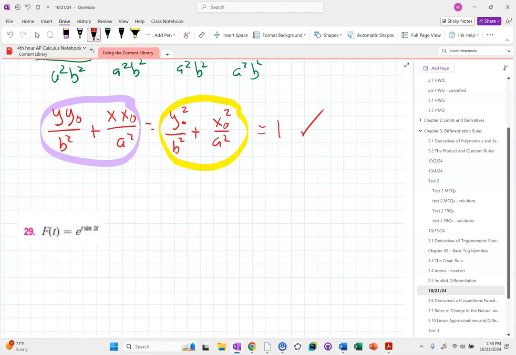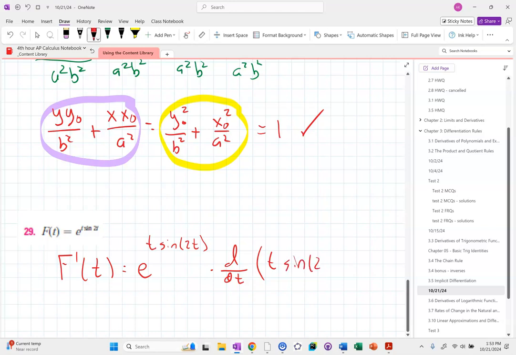Everybody see that? My chain rule is I have e to the x as my outer, and then t times sine 2t as my inner. And then when I do the derivative of the inner, t times sine 2t requires a product rule. So we'll start by doing the derivative of the outside. Well, the derivative of e to the x is just e to the x. So nothing really happens there. So far, so good.